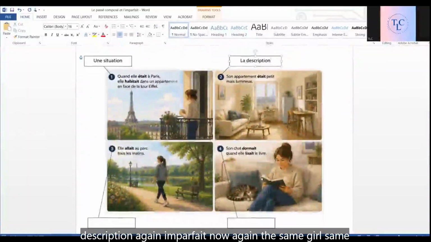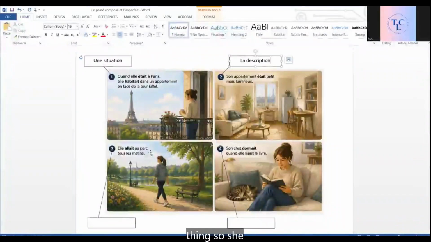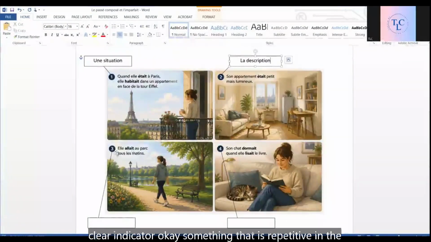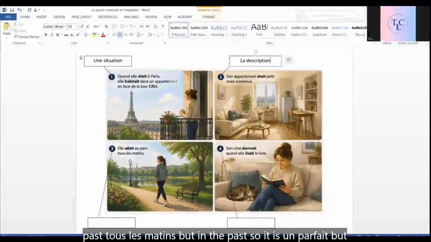Now, again, the same girl, same thing. Elle allait au parc tous les matins. So she used to go to the park every morning. What is this? This is a clear indicator. Tous les matins. Okay, something that is repetitive in the past.